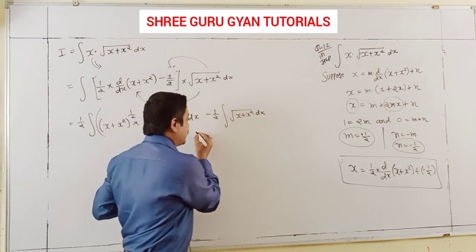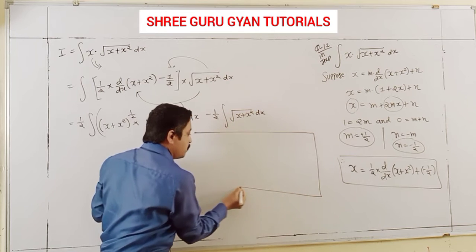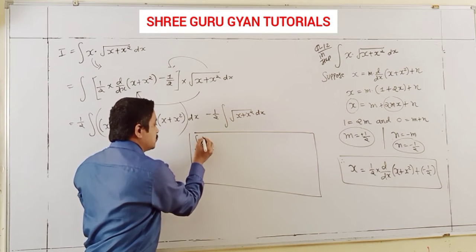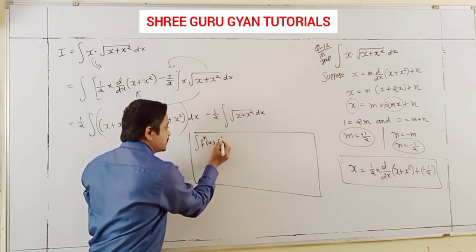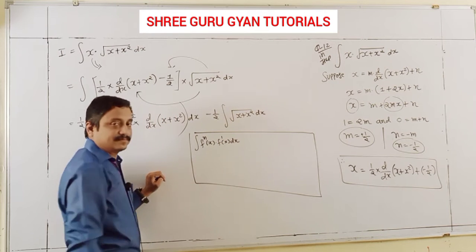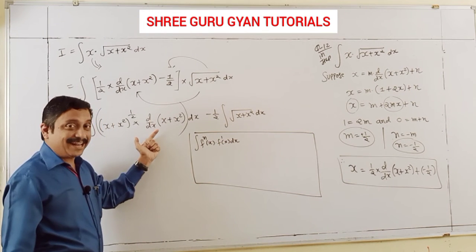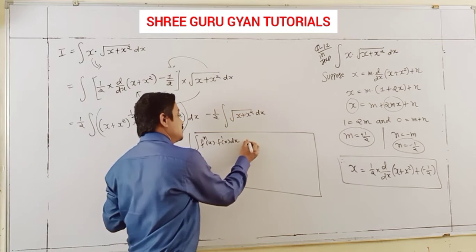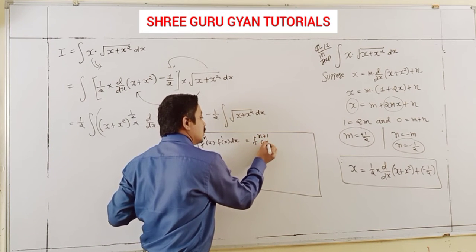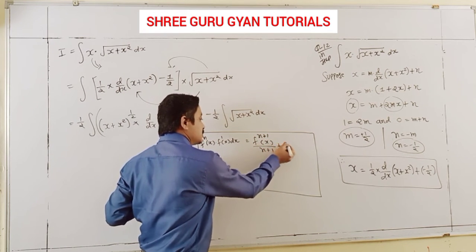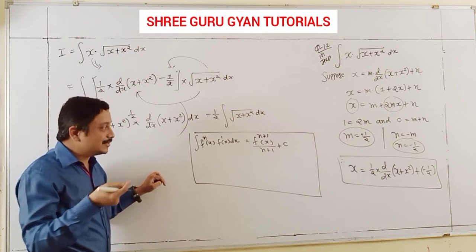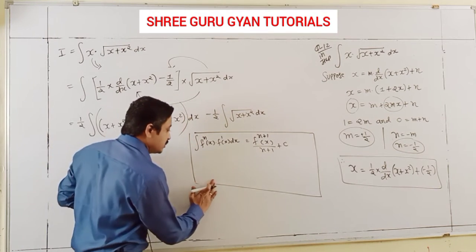Now students, here I derive one property: integration of f raised to n of x, f dash x dx, the function with its derivative with the n power. My answer is f raised to n plus 1 of x by n plus 1. I will explain how this is written. Don't worry students.